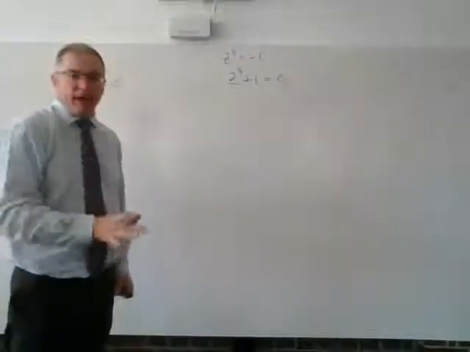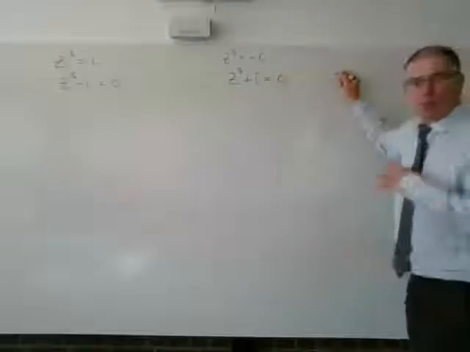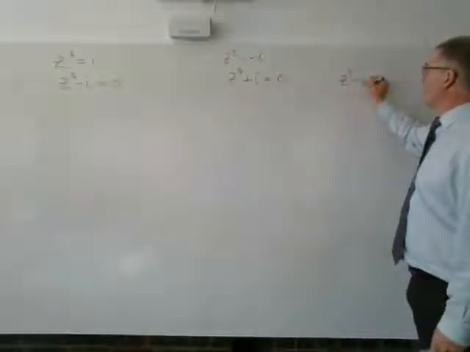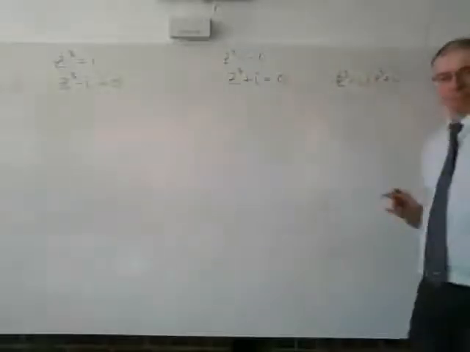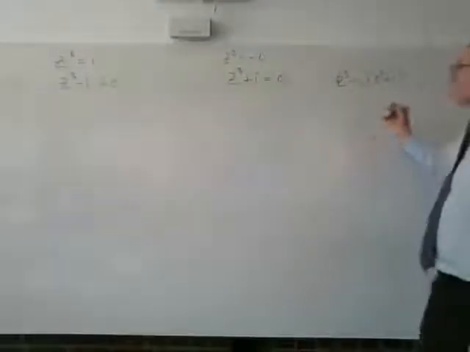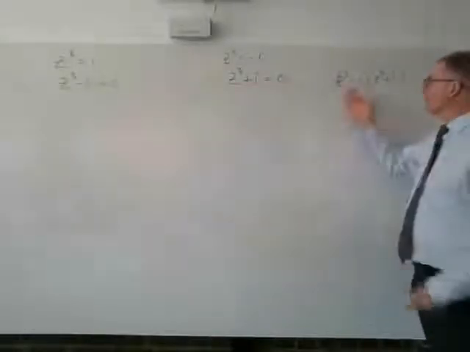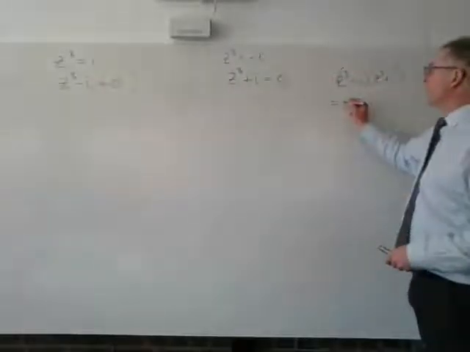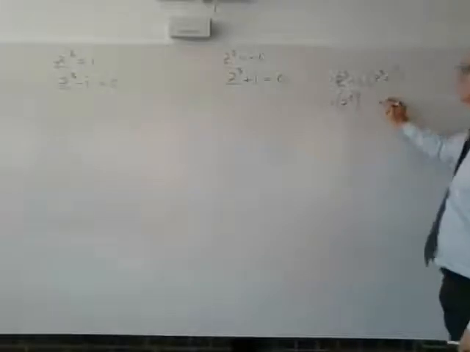And before we go any further, let's go over to the side here and work out what the combination looks like. z cubed minus i times z cubed plus i. What does that look like? Well, if we expand that out in the same way as we did before, that's a minus b, a plus b, then that's a squared minus b squared.